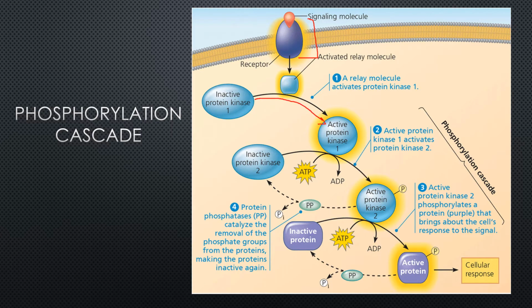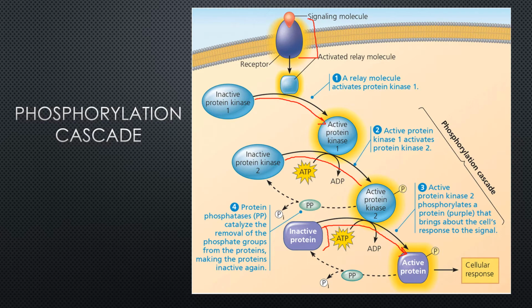So now we have an active protein kinase 1, which can then activate a second kinase, protein kinase 2, again phosphorylating this one. So now we have an active protein kinase 2. And what happens after that is there is an inactive protein here that, using the ATP from the active protein kinase, can itself be activated.